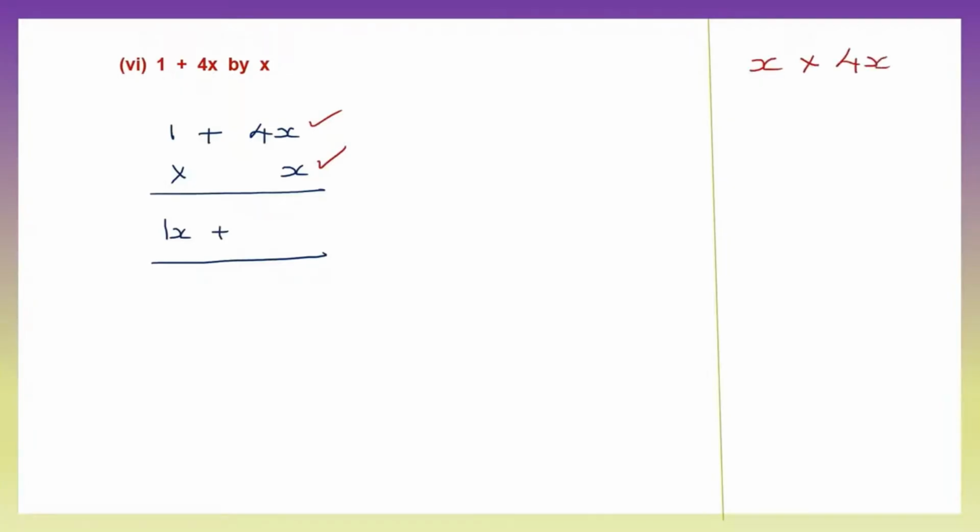Question 6. 1 plus 4x. Multiply this by x. Okay, so 1 into x is 1x that we know. Now let's do this part, x into 4x. So let me take only the x.